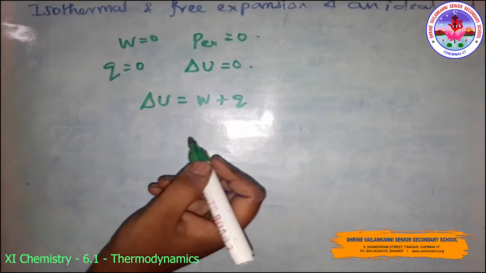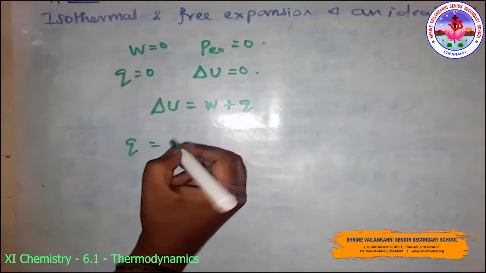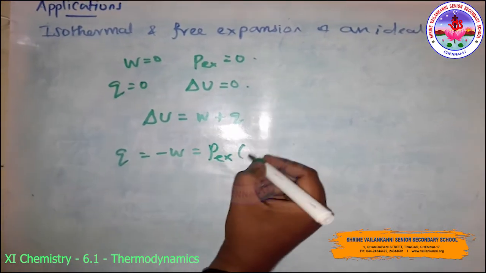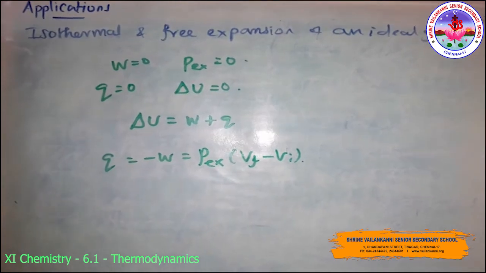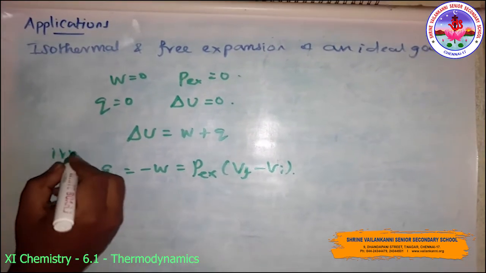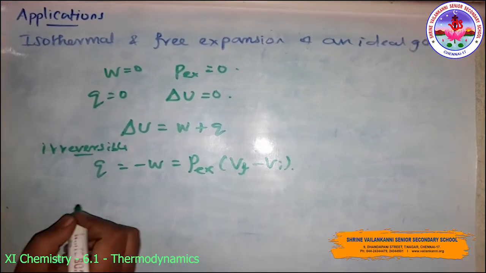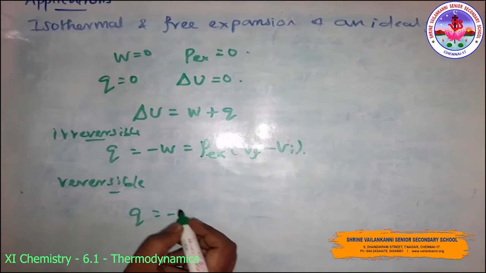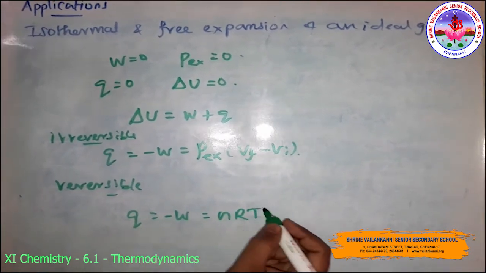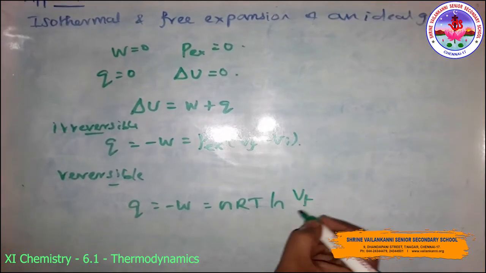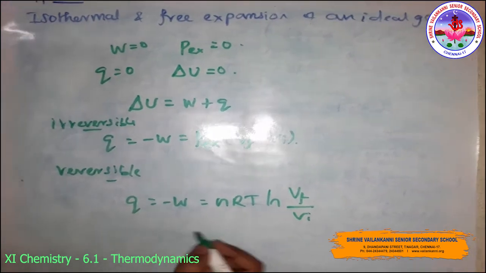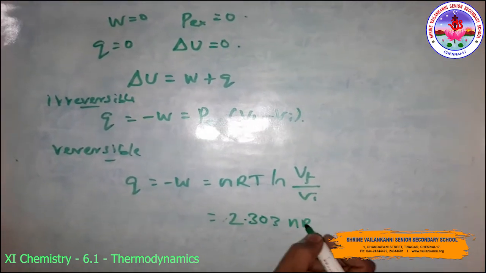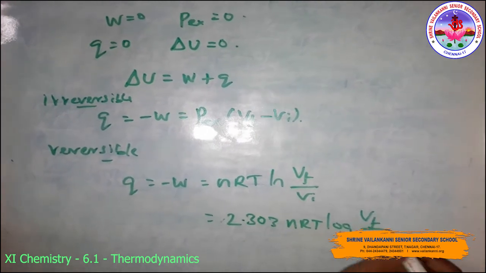So it can be expressed for isothermal irreversible and reversible changes like this. For the isothermal irreversible change, Q is equal to minus W, which is P external times Vf minus Vi, the final volume minus the initial volume. For the isothermal reversible change, Q is equal to minus W, which is nRT ln Vf by Vi, that is 2.303 nRT log of Vf divided by Vi.